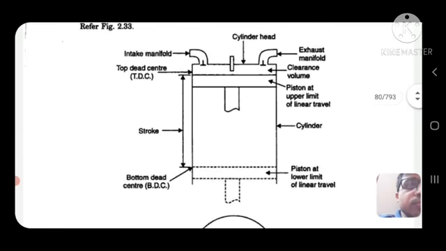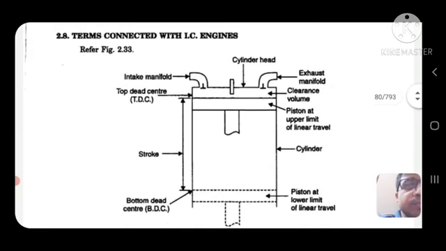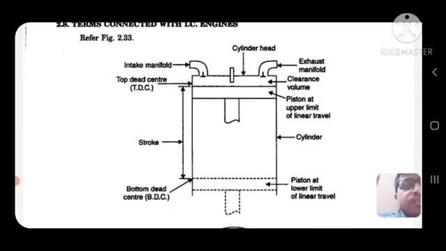Terms connected to IC engine: intake manifold, cylinder head, exhaust manifold, top dead center, clearance volume, the piston at upper limit of linear travel, cylinder and stroke, bottom dead center.